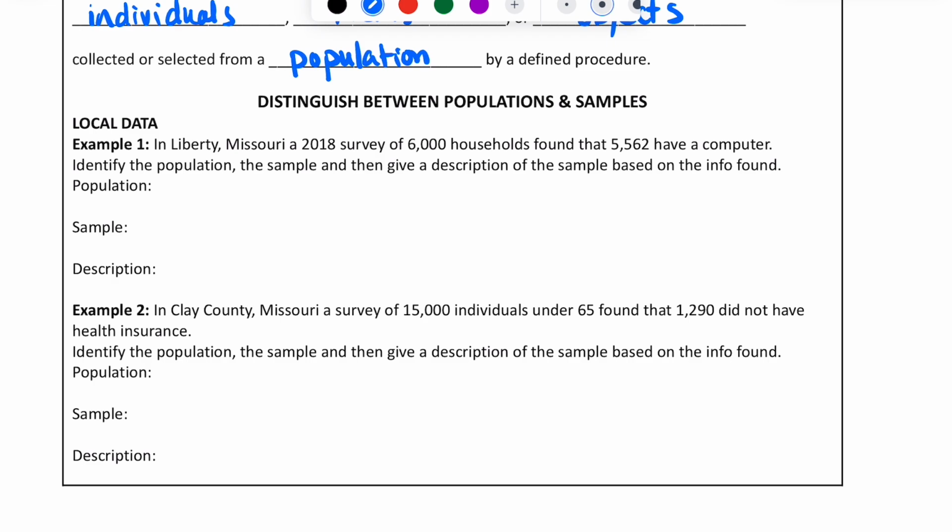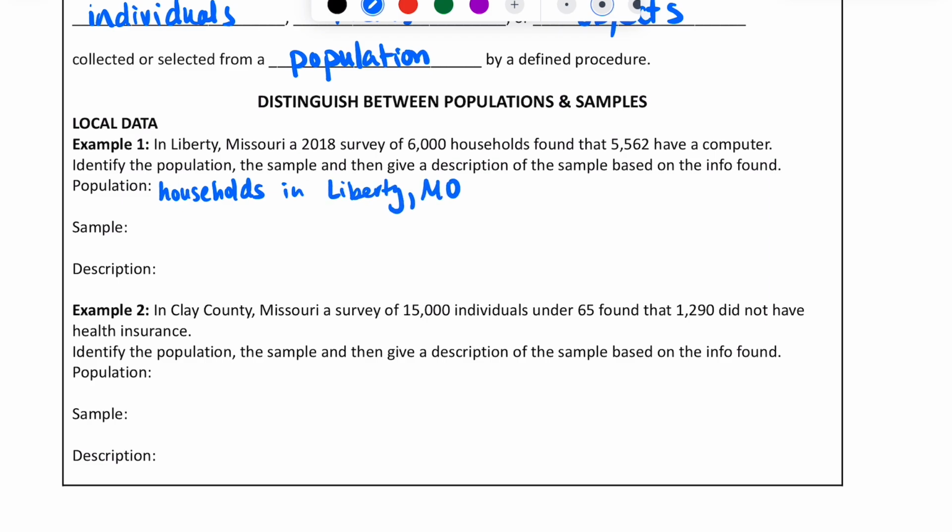Remember, population is everybody that would be considered for this study. So we're looking at all households in Liberty, Missouri, because we want to be as specific as possible, but it has to be all those households. So this is all possible households in Liberty, Mo.